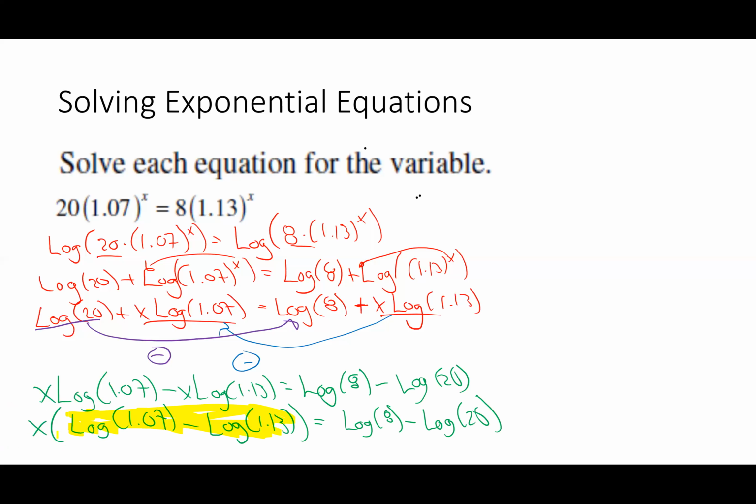So I'm going to divide both sides by that, and I'm done. And I'm not going to use the highlighter to write this because that's going to look horrifying. So I get x is equal to log of 8 minus log of 20 divided by log of 1.07 minus log of 1.13.